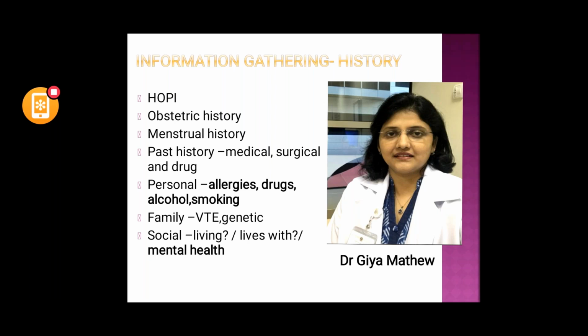Then social history is very relevant here, because you should ask the patient what her occupation is. Then is there any support at home? Whether she is an alcoholic, whether she has a habit of smoking or using any recreational drugs. Sometimes you'll get patients who have domestic violence, a hidden history.